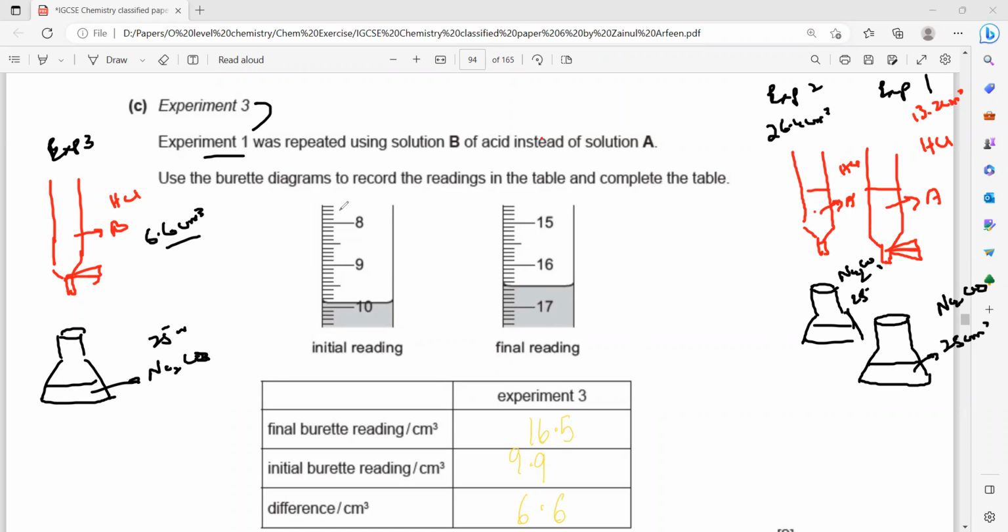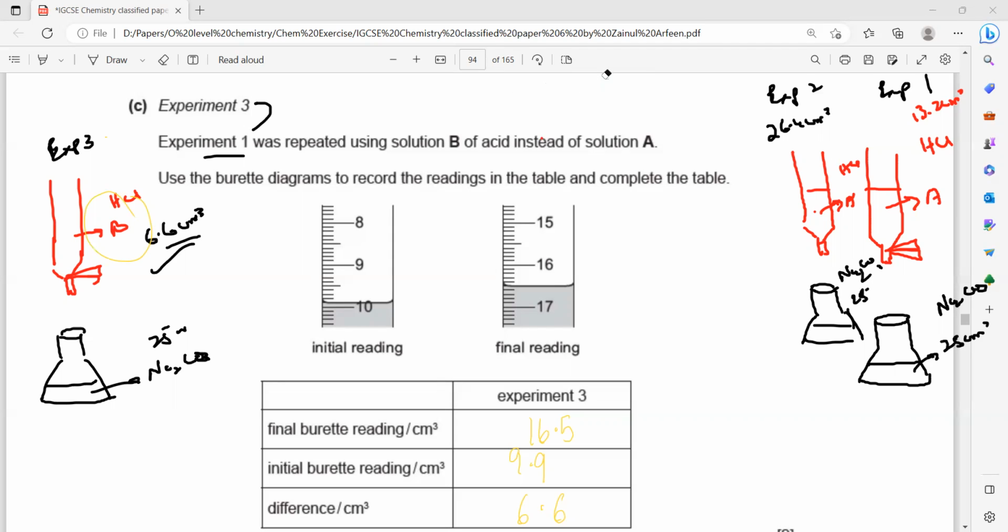Experiment 3 is more concentrated because a smaller quantity can completely react with the sodium carbonate. So B is more concentrated than A. The reason is that a smaller quantity of this unknown solution can completely react. And what is the ratio here? The ratio of the volumes shows how many times more concentrated it is. So this is 6.6 and this was 13.2.